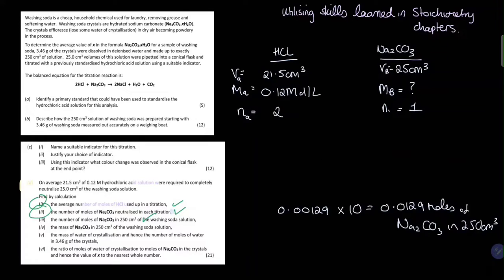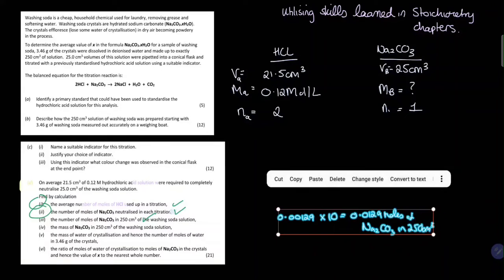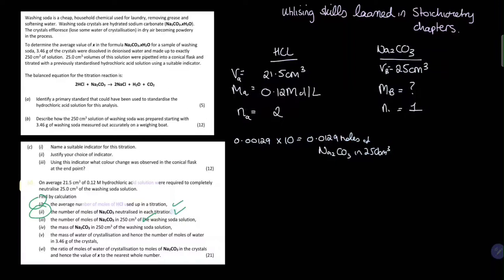Okay, back to now converting this amount of moles into grams. So we take the number of moles equals the mass over the relative molecular mass, 0.0129 moles of the sodium carbonate in the 250 centimeters cubed. We don't know the mass. The relative molecular mass is 2 times 23 plus 12 for carbon and 3 times 16 for the oxygen.